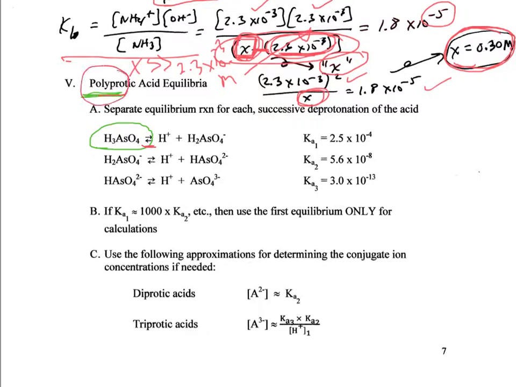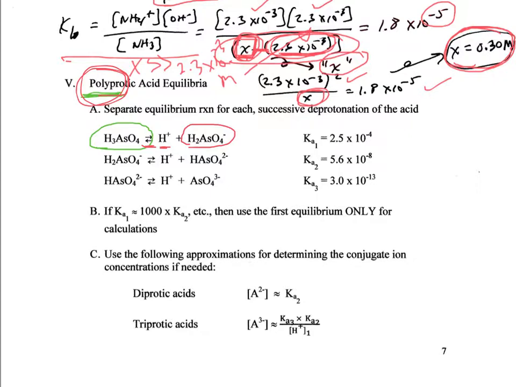The thing about these weak polyprotic acids is that you don't have all of the protons ionizing at the same time. Each of those protons has its own ionization constant. They have their own equilibrium. So when I pull off the first hydrogen ion, I am left with its conjugate base, which is now H2AsO4 minus 1.